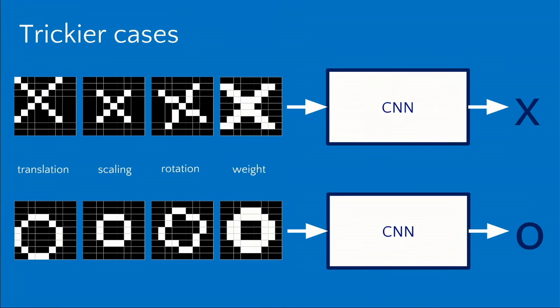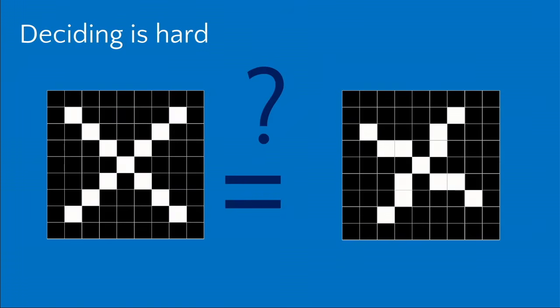Now, this is not entirely straightforward because we also want to handle cases where these inputs are of different sizes, or they're rotated, or they're heavier, or they're lighter, and every time we'd like it to give us the correct answer. A human has no problem looking at these and deciding what to do, but for a computer, this is much harder.